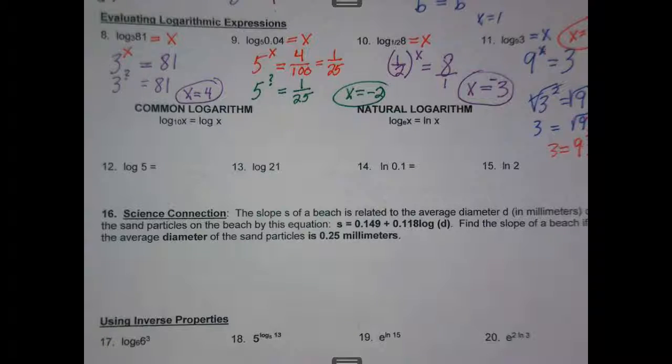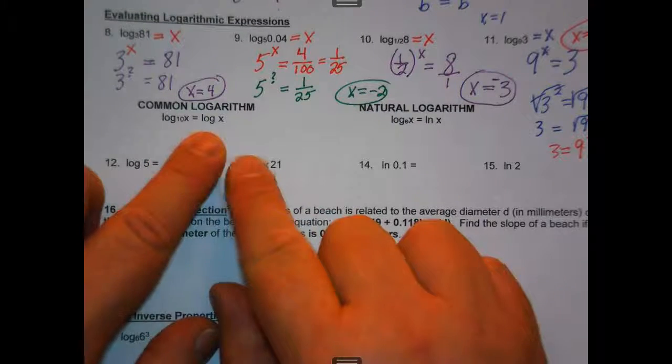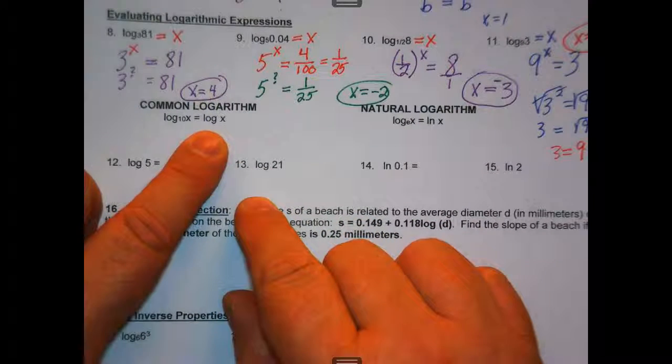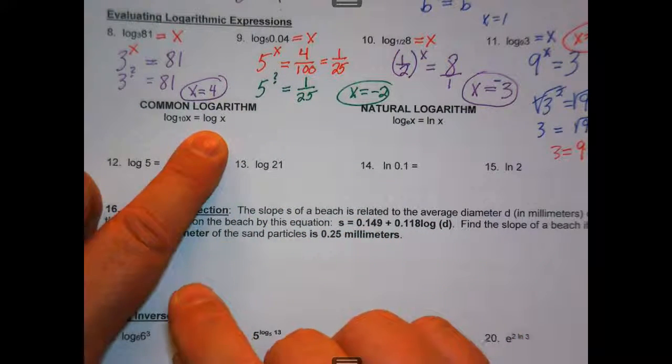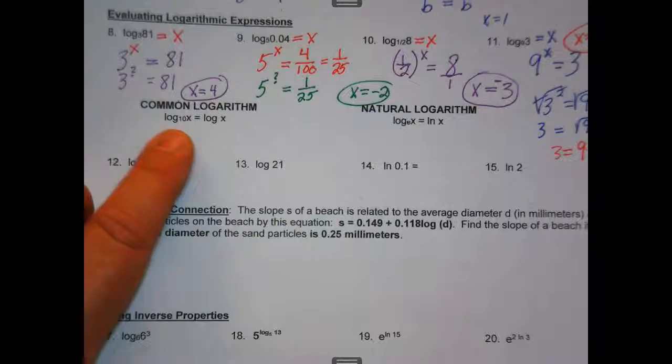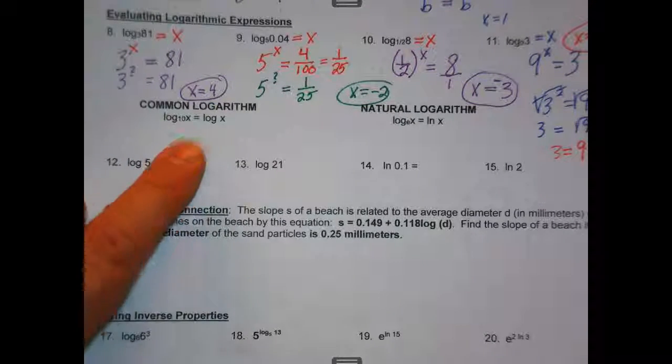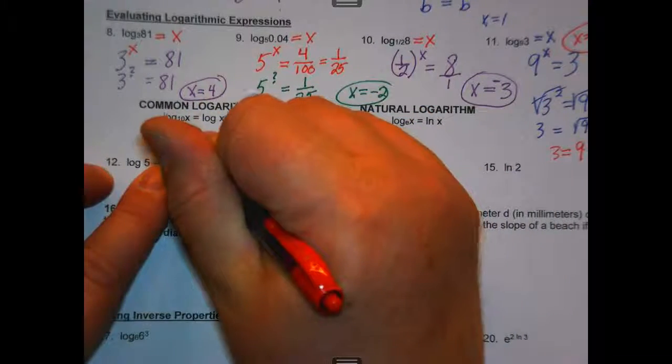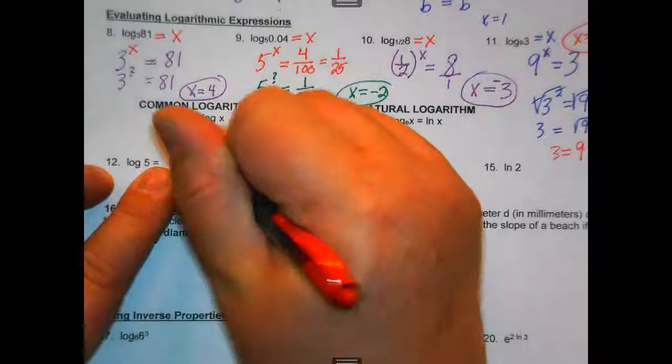The 10 is called the common log. It's like that first power of an exponent. We don't normally put it in there. So when you see log of x, that's our common log. That really means log base 10 of x, okay? These are the same.